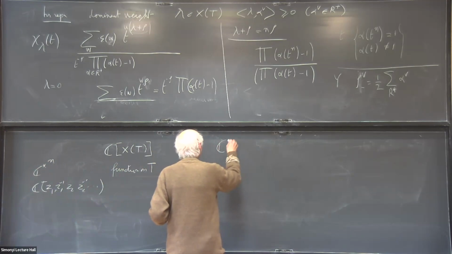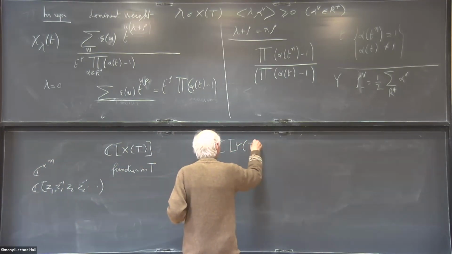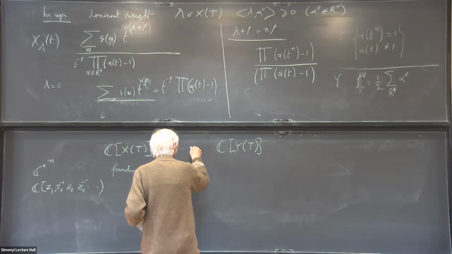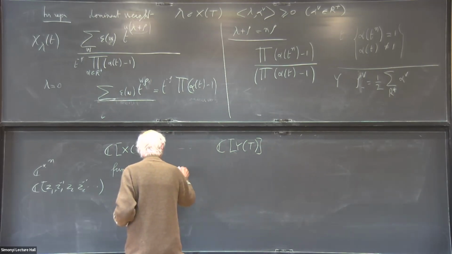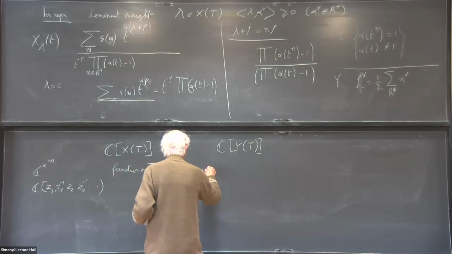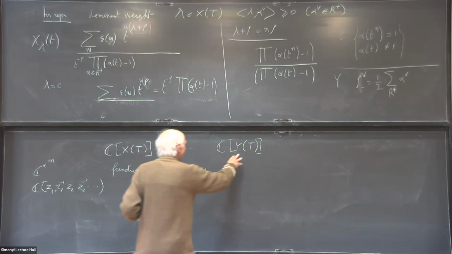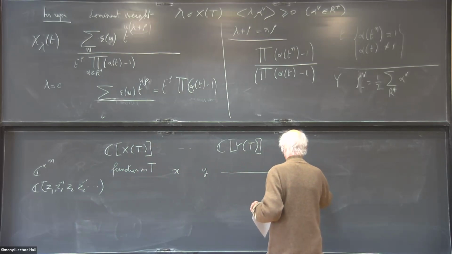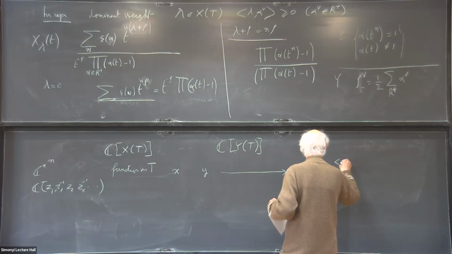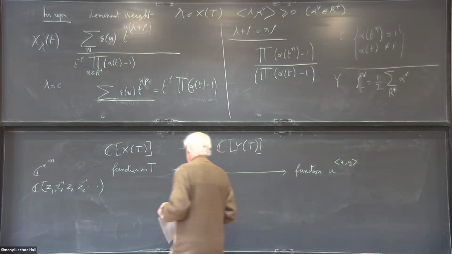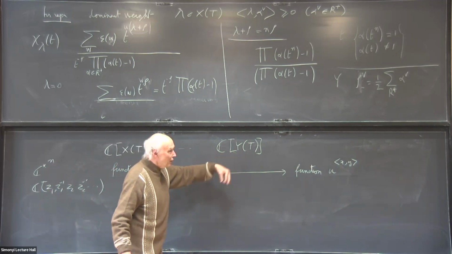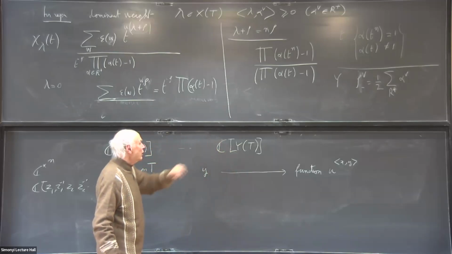On the other side, I will look at functions on Y(T), and I will make a pairing between the two, a bilinear pairing, so that if I take X here and Y there, where X is a character and Y is in the dual group, to it I will attach the function on the multiplicative group t to the power of the pairing of x and y. Concretely, if I fix y here, this y is a one parameter subgroup, G_m mapping to the torus.